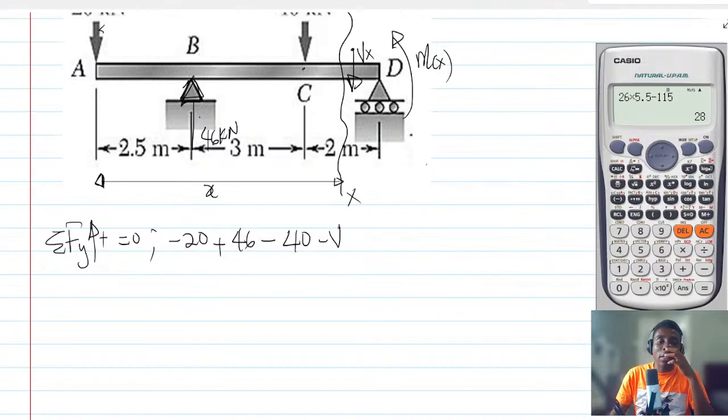So minus Vx should be equal to 0. So from here we can say that our Vx is going to be what?